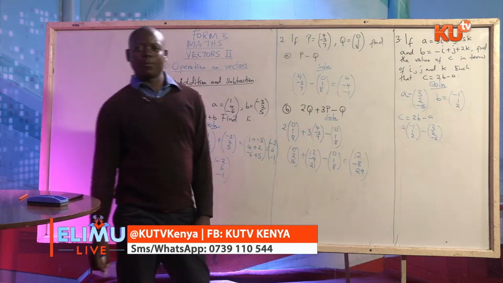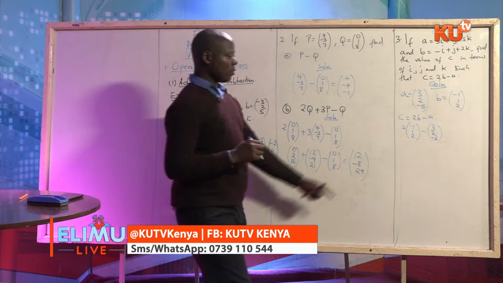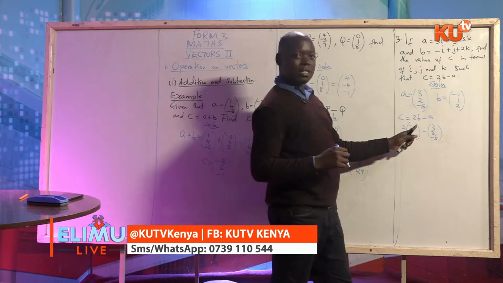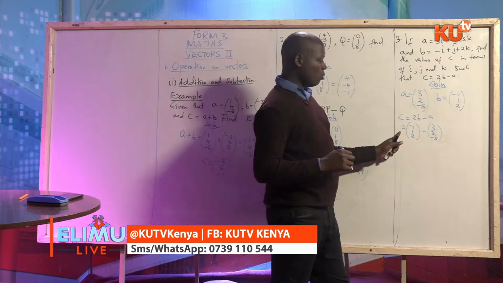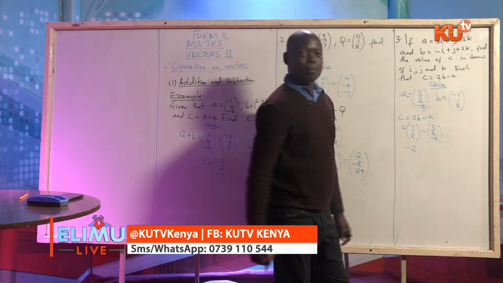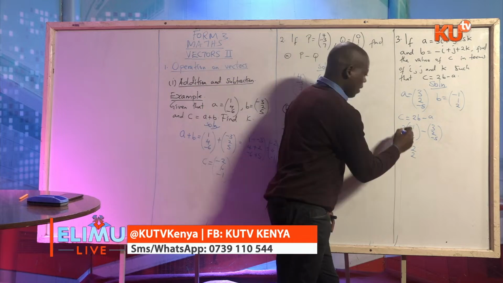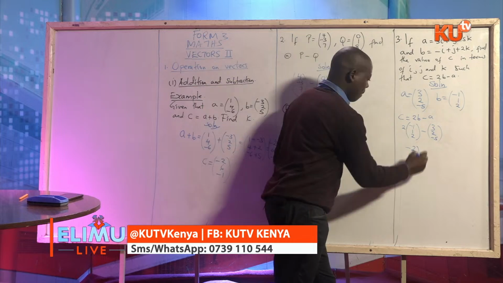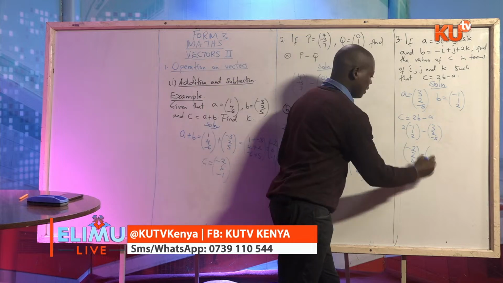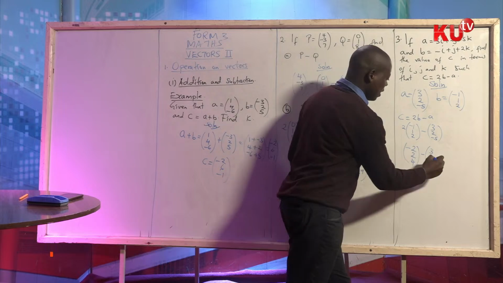Then do the distribution of the scalar into the vector components. So we'll have 2 times -1, students. 2 times -1, that is -2. 2 times 1 is 2, and 2 times 2 is 4. Minus, this is 3, 2, and -5.